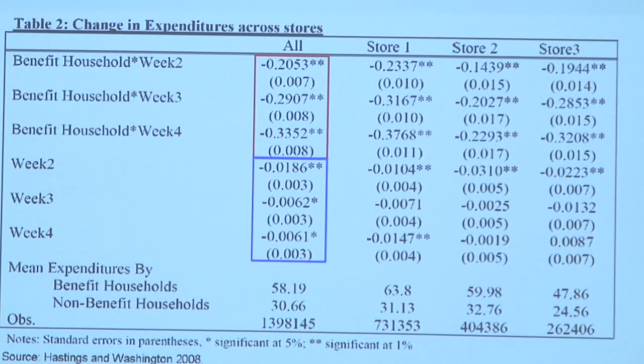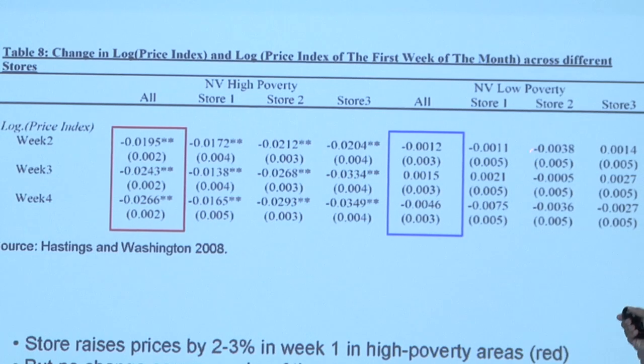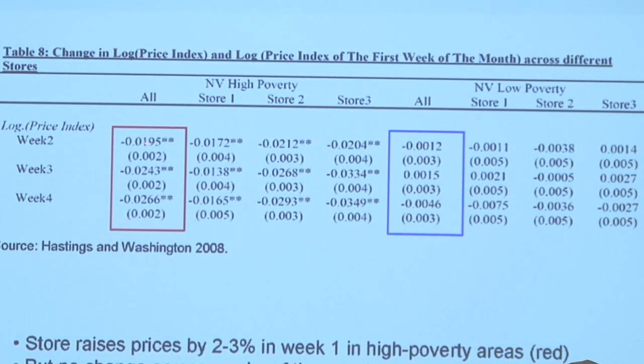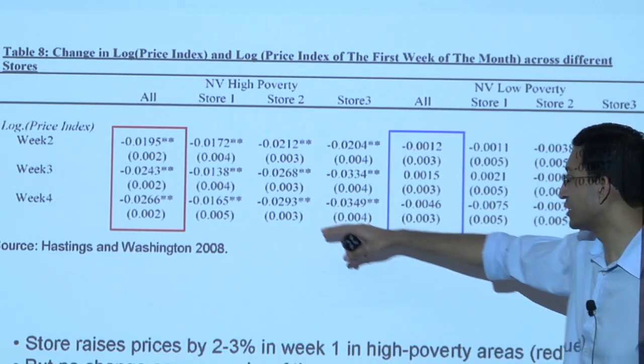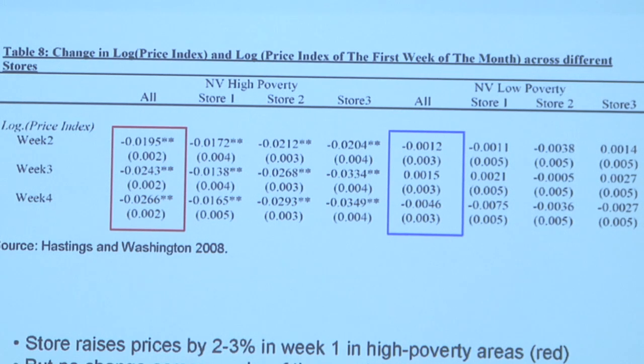And then the question is, what do the stores do in response to prices? So they're going to look at the high poverty stores and the low poverty stores separately. And so what you can see here is that in the high poverty stores, prices are 2 to 3 percentage points lower in weeks 2, 3, and 4 relative to week 1 of the month, the beginning of the month.